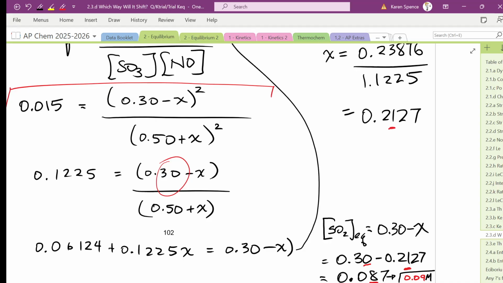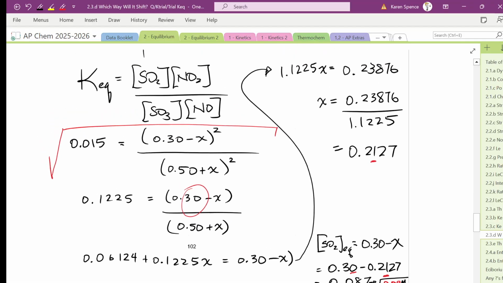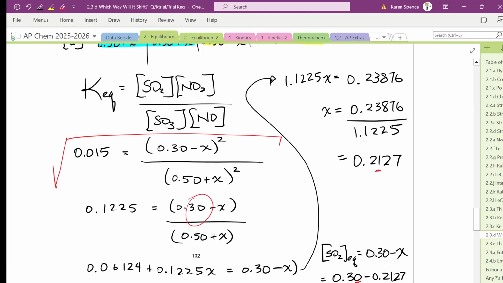That's right. Did I add again? And I should have subtracted. 0.3 minus 0.6124.